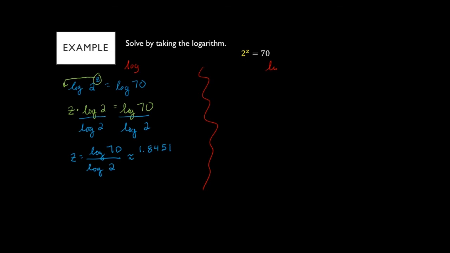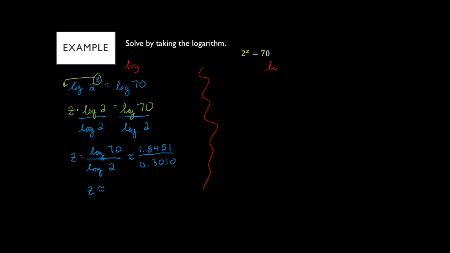So I have 1.8451 when I round my log of 70, because it's 1.84509, and I get 4 decimal places at the 0 because it's a 9 after that, I have to round up. And then you're going to take the log of 2. So that's 0.3010.